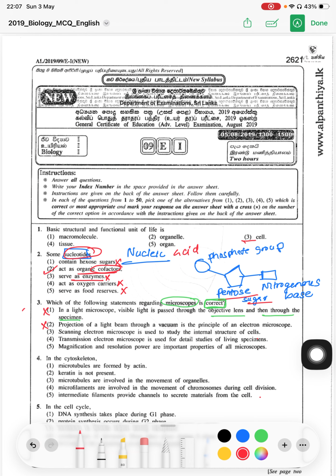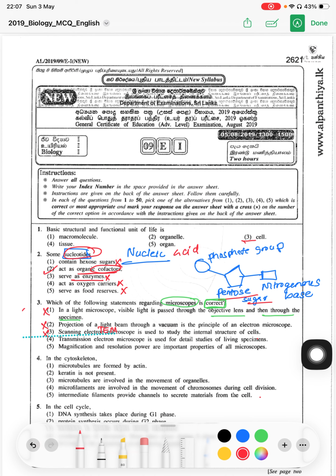Transmission electron microscope is only used to study the internal structure of a cell. So the third statement is also wrong.